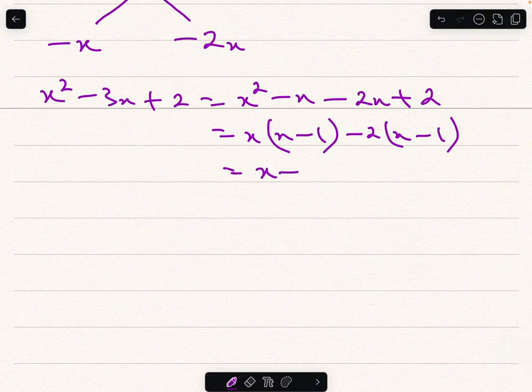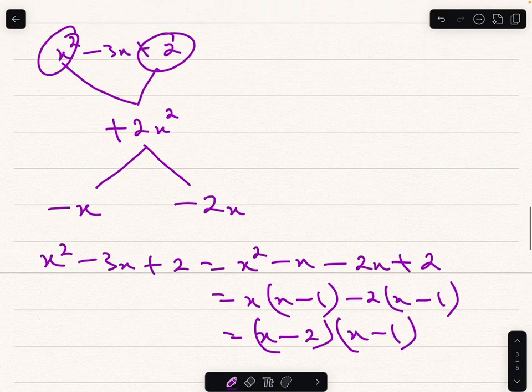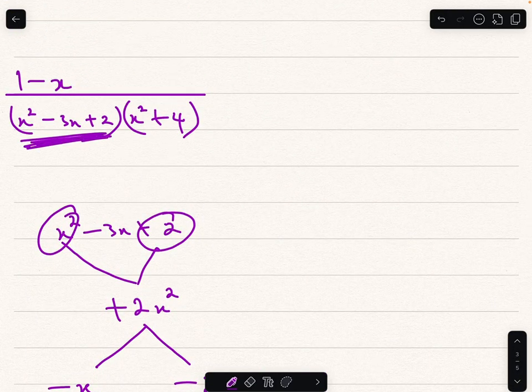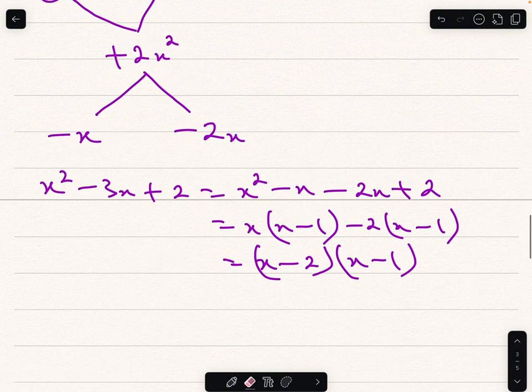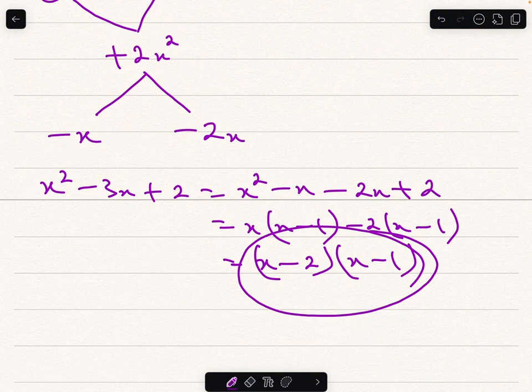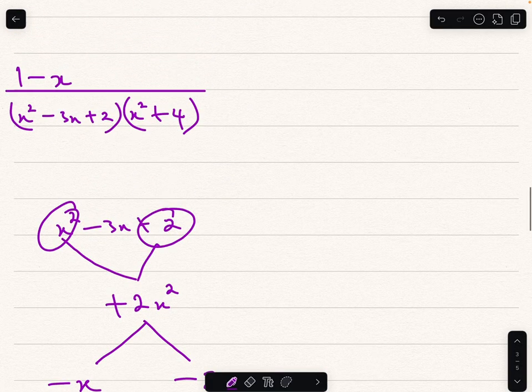And that's the same as x minus 2 times x minus 1. So that means x squared minus 3x plus 2 is the same as x minus 2 times x minus 1. So that's what I'm going to write.